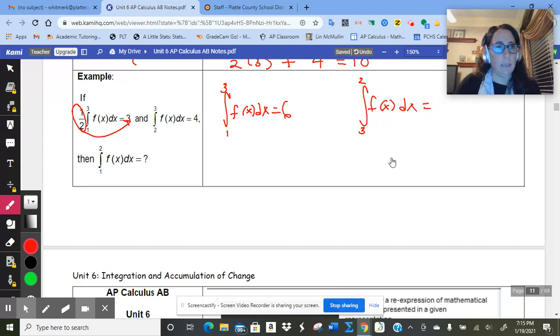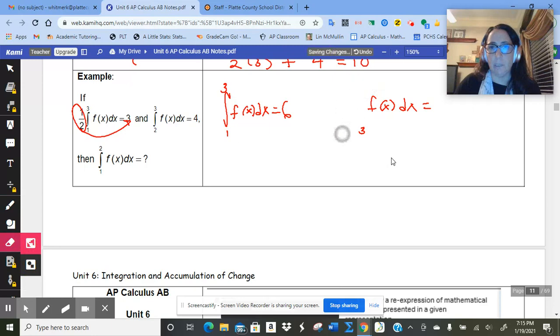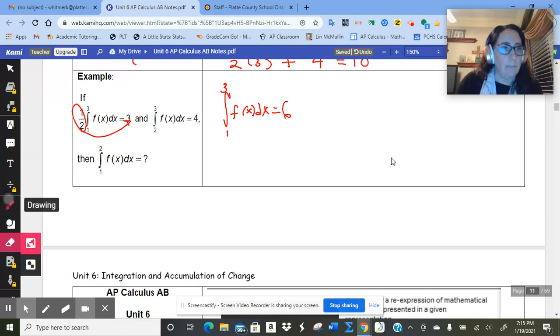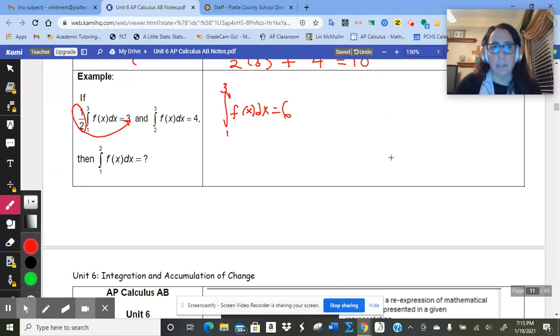Actually, you know what? I'm going to leave it. Okay, so we're going to, because they want 1 to 2. Oh, no, I'm fine what I was thinking. I'm sorry. Okay, so I'm going to flip it and go 3 to 2. And when I flip it, I'm going to write the negative.